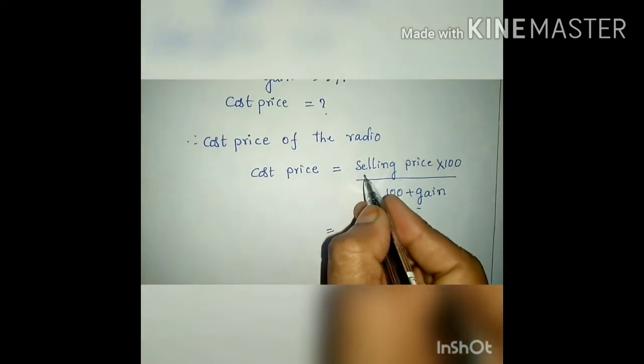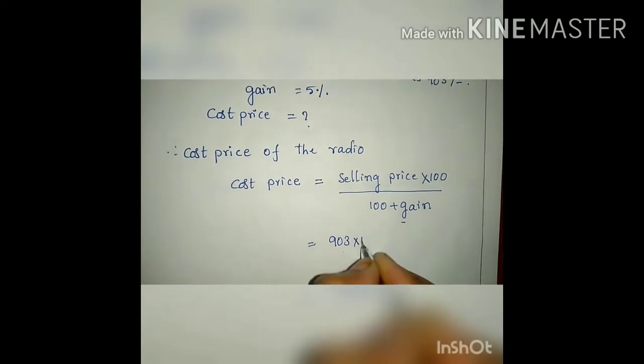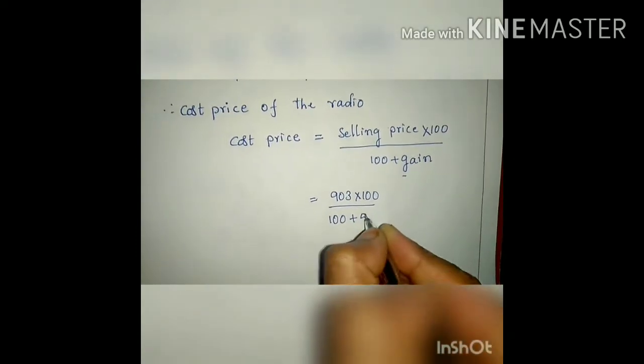So what is here? Selling price is 903 rupees, 903 into 100 by 100 plus gain 5%.